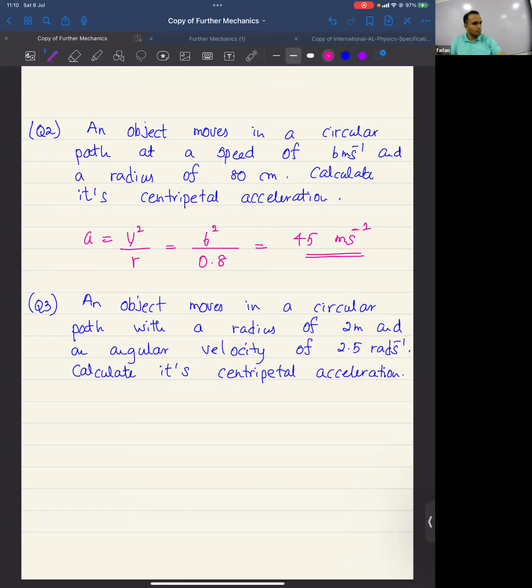An object moves in a circular path with a radius of 2 meters and an angular velocity of 2.5 radians per second. Calculate its centripetal acceleration.